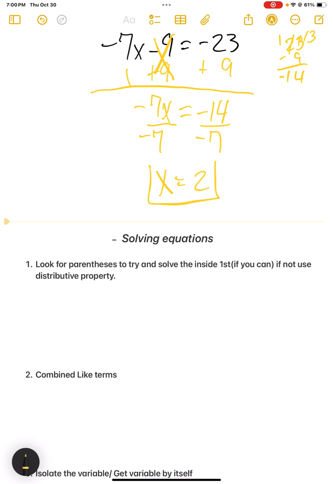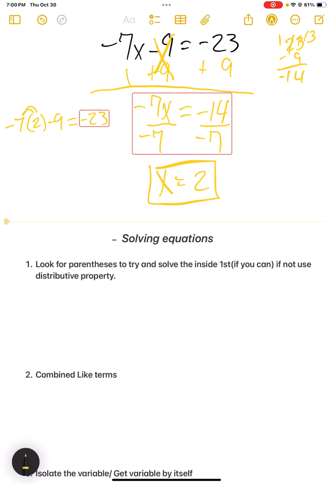Now I think I have my answer, but once again, I don't just assume, I have to check it. So I'm going to put my answer back in the equation for x. That would be negative 7, open parentheses, 2, minus 9 equals negative 23. We follow PEMDAS.